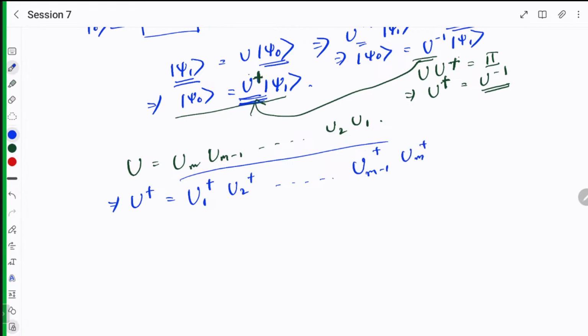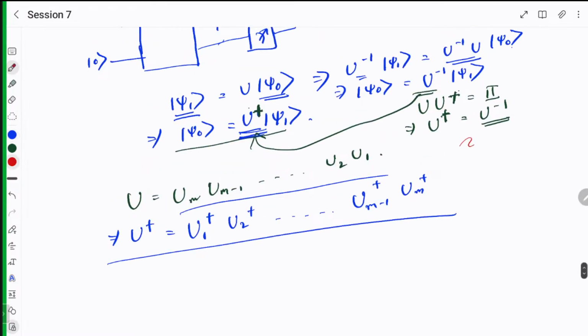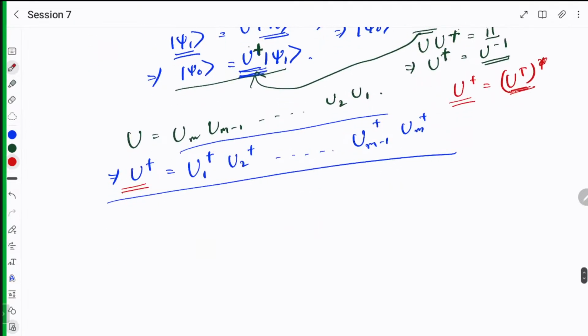I think this is what you meant. This follows from what Aman was saying, that U dagger was U transpose star, and you know that U transpose behaves in such a way that the order gets reversed after doing the transpose. So from that property of transpose of matrices, this relation follows. Is this all right?